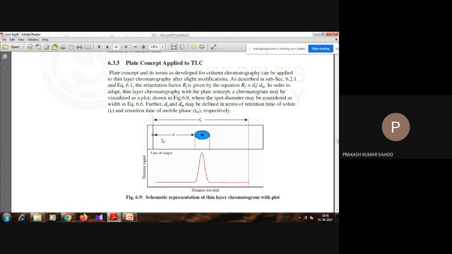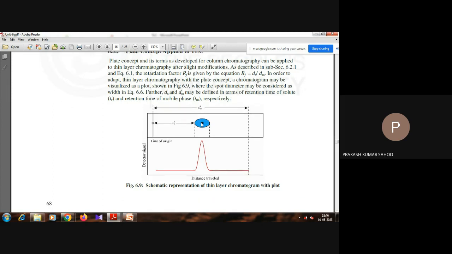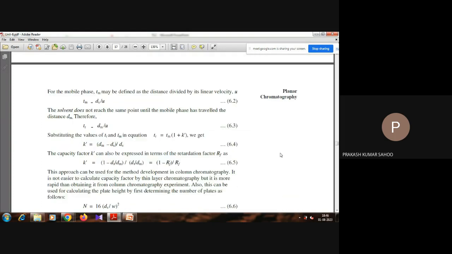Okay, so this distance covered is always measured as the total distance covered by the solute divided by the total distance covered by the solvent. Here, the distance is measured from center to center, followed by the RF being calculated.